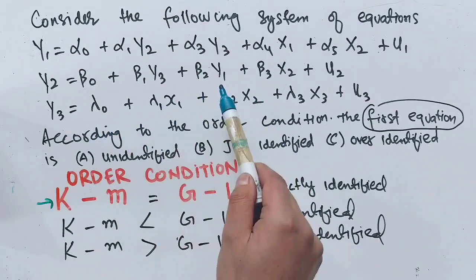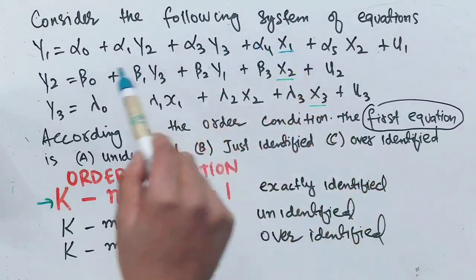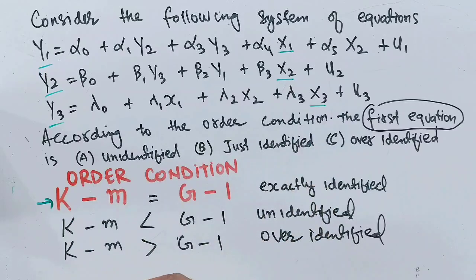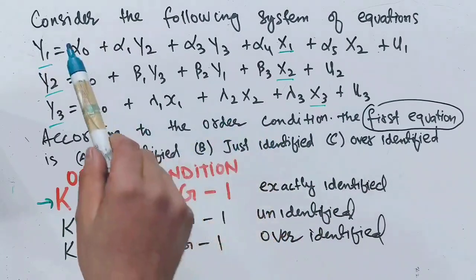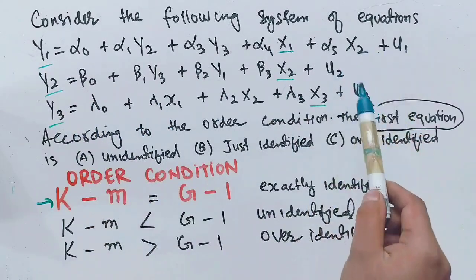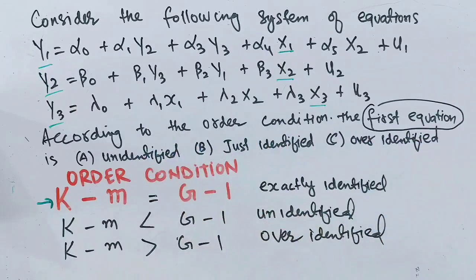I guess the total number of variables, whether endogenous or exogenous, is 6. Alpha naught, beta naught, gamma naught are constants, and u1, u2, u3 are the residual terms. They are neither endogenous nor exogenous. So the total number of variables in the model is the value of k.